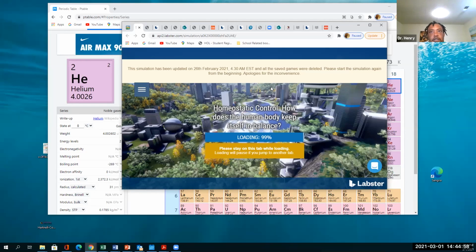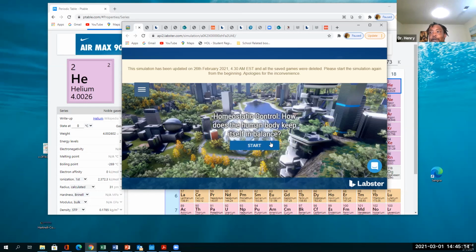Because it usually takes so much memory to run the programs. Come on today. It worked this morning, so hopefully it'll, okay. So then you go ahead and hit start.